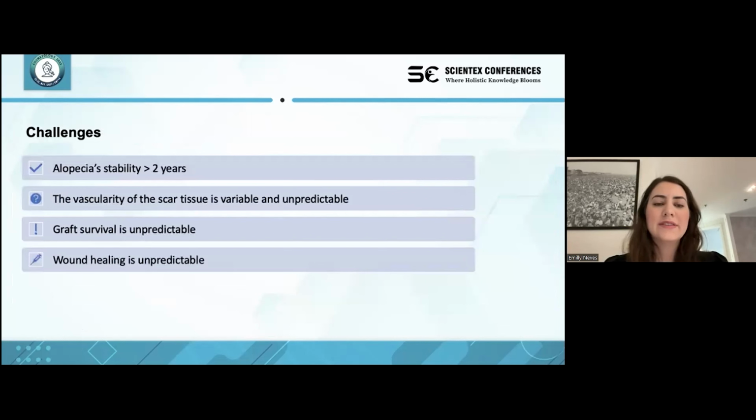And what are the challenges associated to the hair transplantation in cicatricial alopecias? First, we must have alopecia stability up to 2 years. The vascularity of scar tissue is variable and unpredictable, and graft survival and wound healing are unpredictable.